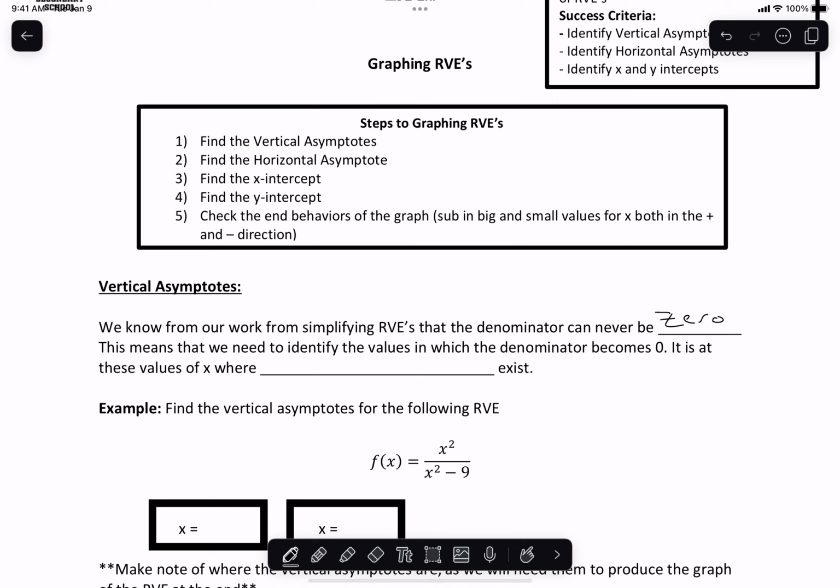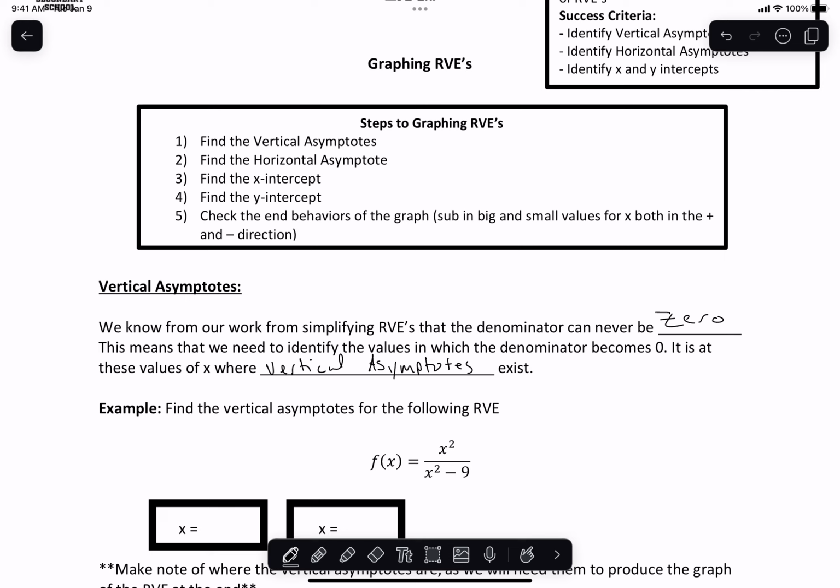So it can never be 0. This means we need to identify the values in which the denominator becomes 0. It's at these values of x where the vertical asymptotes exist. And we looked at this distinction of vertical asymptotes versus holes.